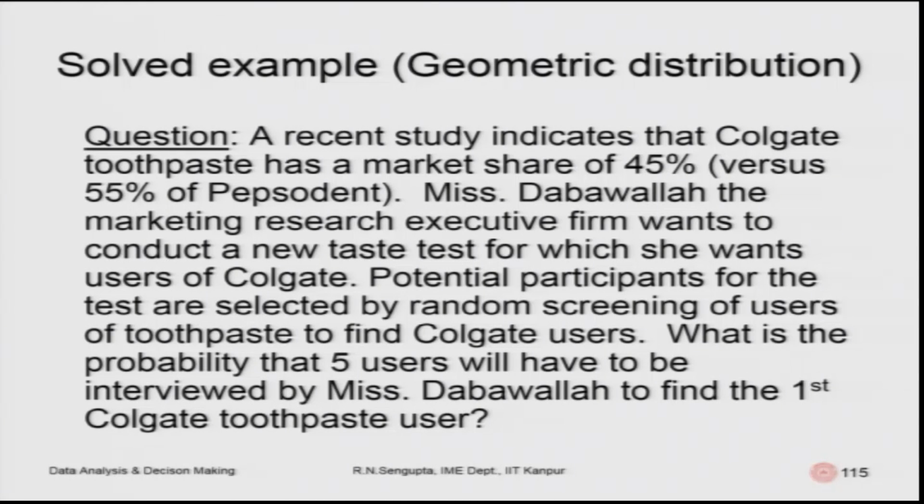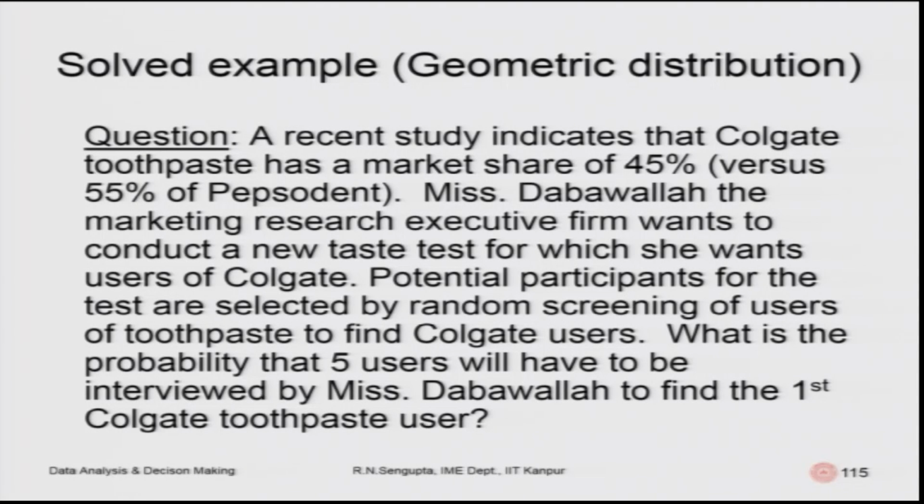What is the probability that 5 users will have to be interviewed by Ms. Dabbawala to find out the first Colgate toothpaste user? So, here 55% are Pepsodent, 45% are Colgate, and she wants to find the probability that 5 users will have to be interviewed.